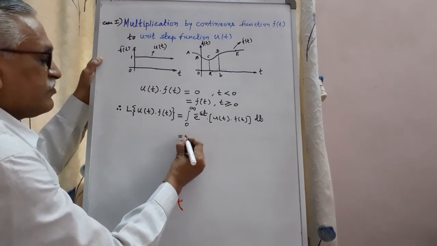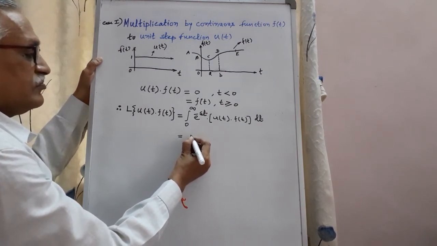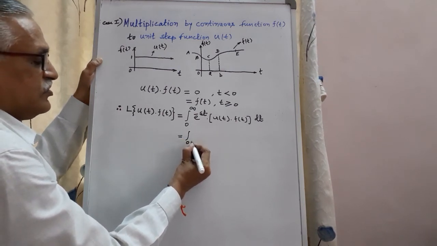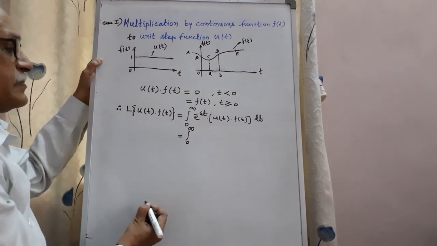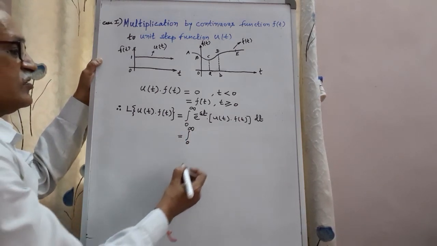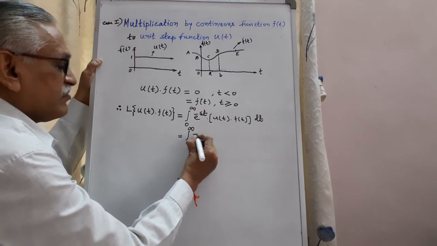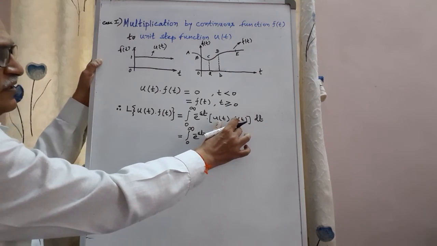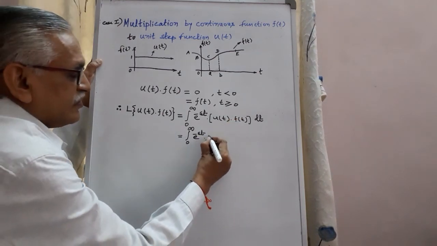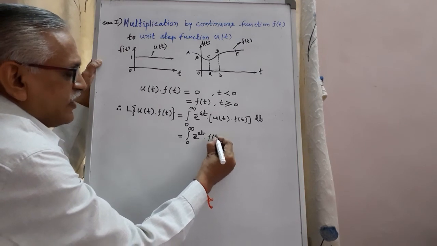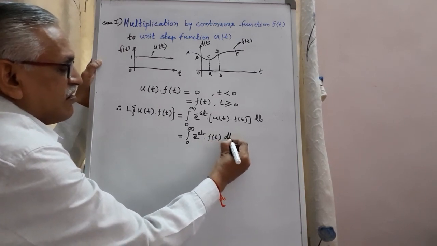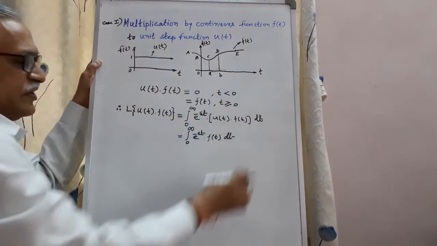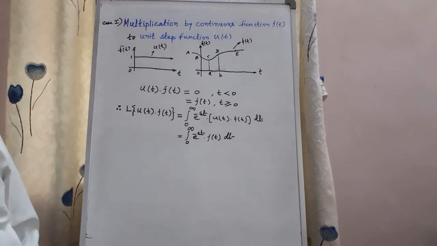And then it is equals to integral from zero to infinity e raised to minus st, and u of t into f of t is nothing but f of t for the range 0 to infinity, as I explained in third figure.